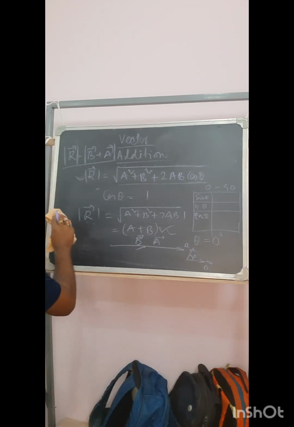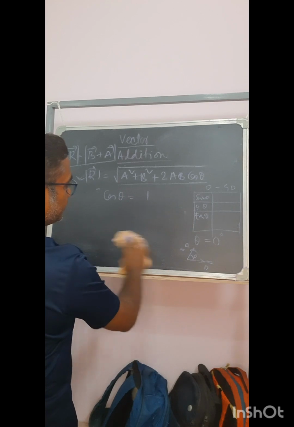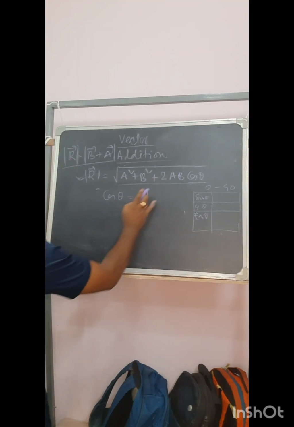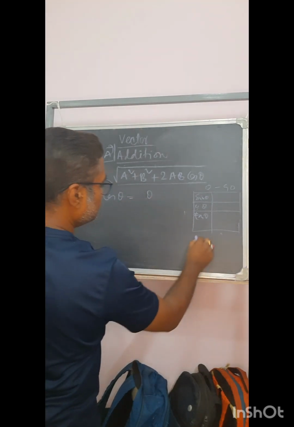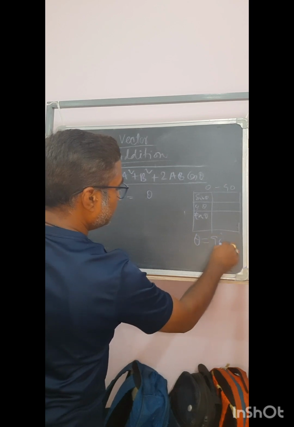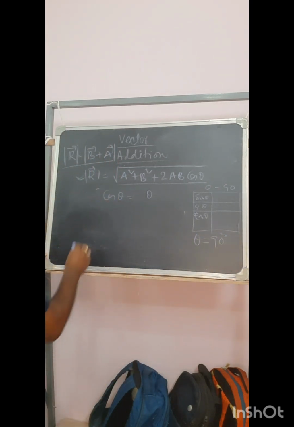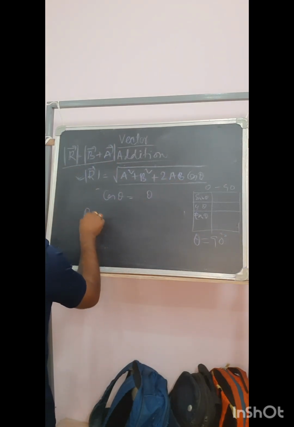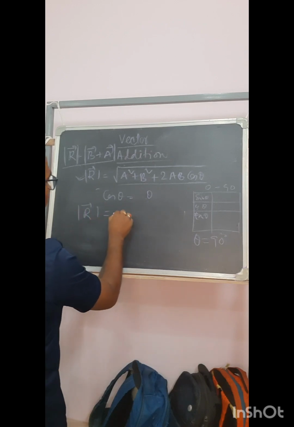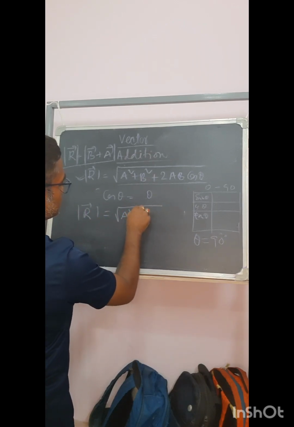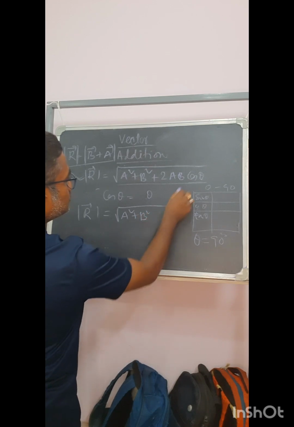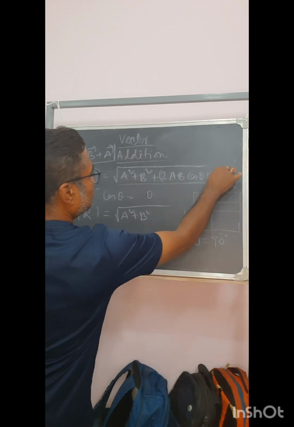This is one case. Now if I take cos theta is equal to 0, cos theta is 0 where theta is equal to 90 degree. So cos theta is equal to 0. If I take 0, the magnitude of the resultant will be a square plus b square, because cos theta is 0 means this term will become 0.